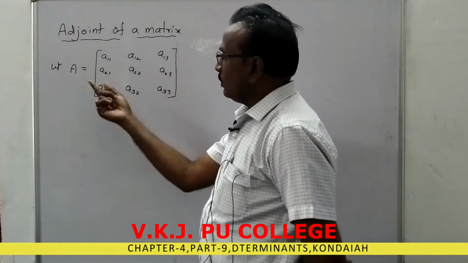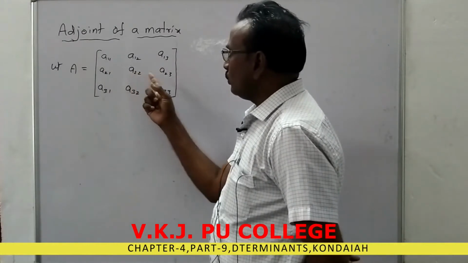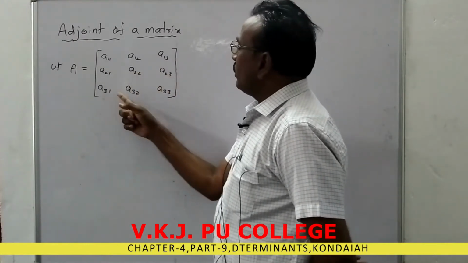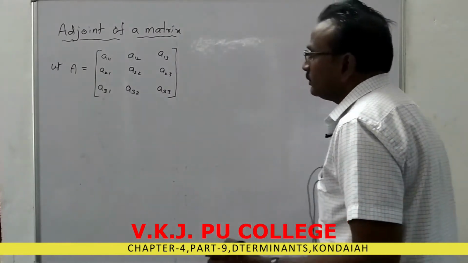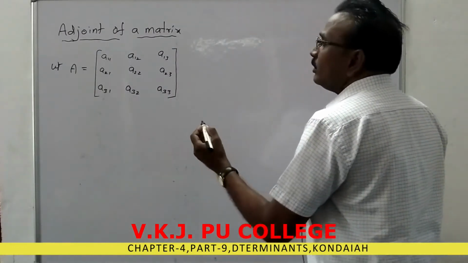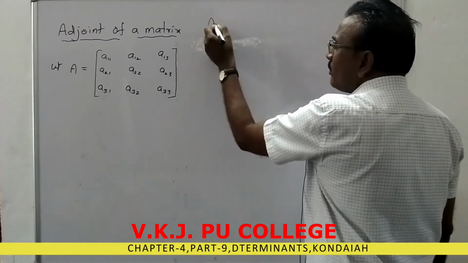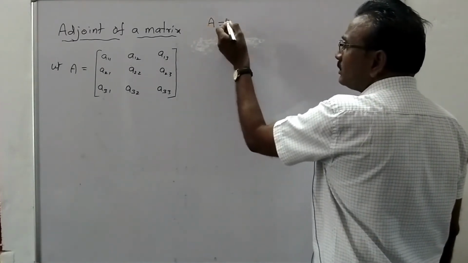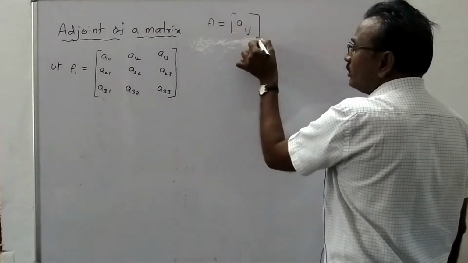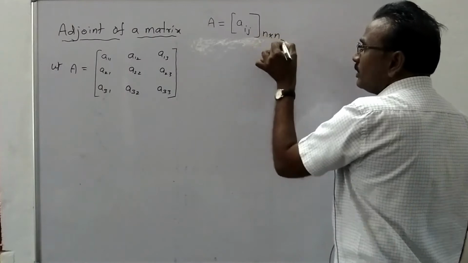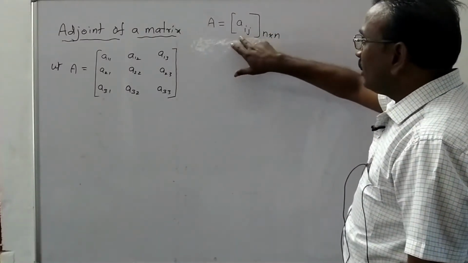Let A be the matrix with rows a11, a12, a13; a21, a22, a23; a31, a32, a33. So consider a 3 by 3 square matrix. Then the adjoint of A. So what is the definition? Suppose A is a square matrix of order n by n whose elements are aij.